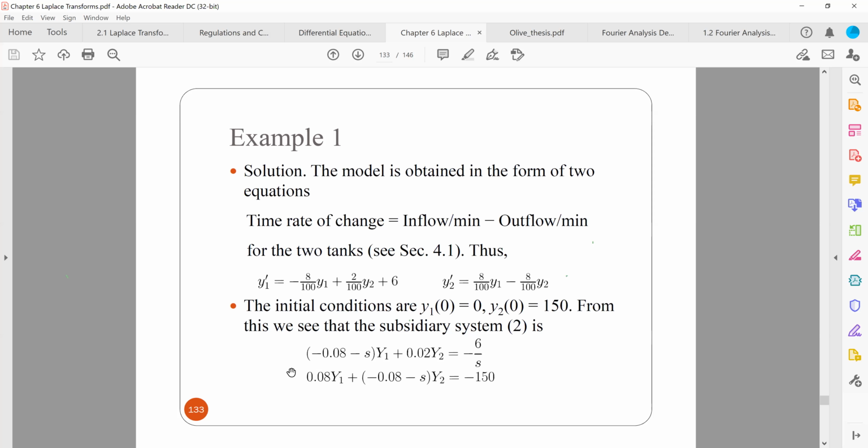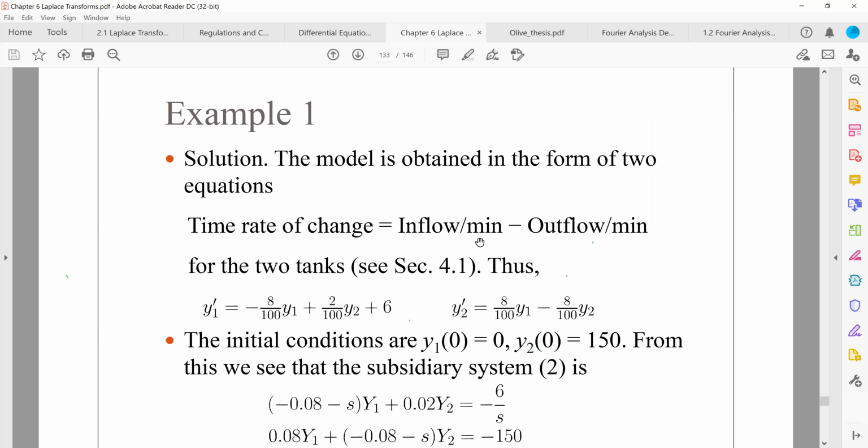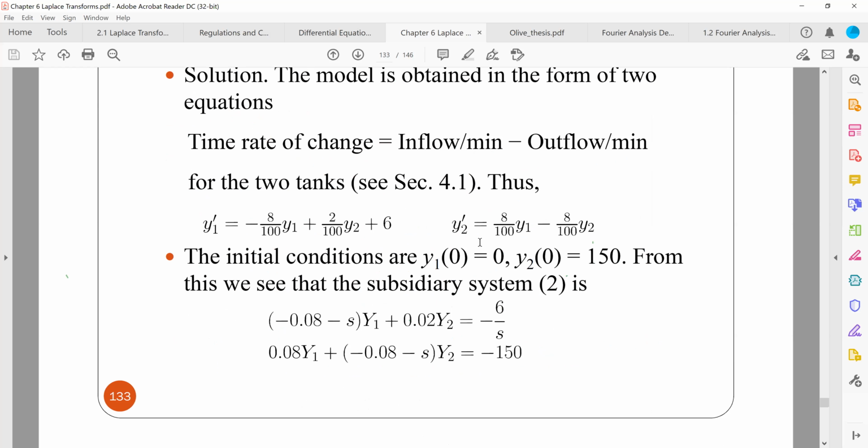Sorry, instead of expanding, I'm reducing. So this is just writing of these equations, and turning them into, and also taking the Laplace transform of them.